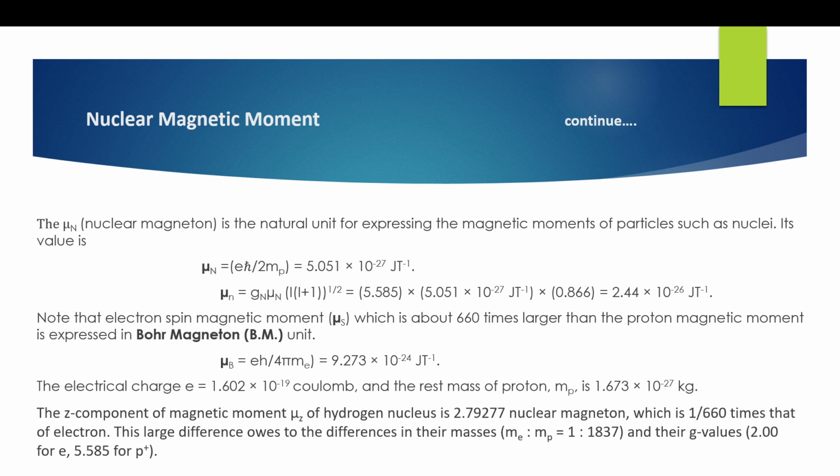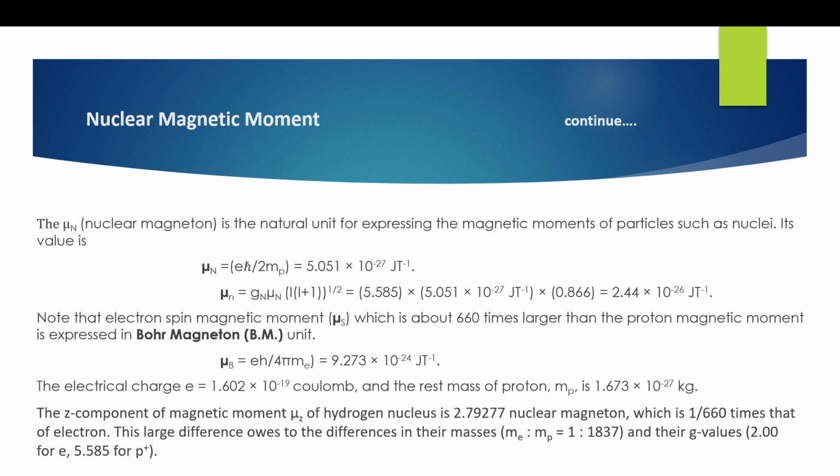Here it may be noted that electron magnetic moments, which are 660 times larger than proton magnetic moment, are expressed in Bohr magneton unit. The Bohr magneton unit mu B, sometimes also symbolized by the symbol beta, is given by eh upon 4 pi me. me is mass of electron, which is 9.108 into 10 to the power minus 31 kilogram. e charge, which is 1.602 into 10 to the power minus 19 coulomb.